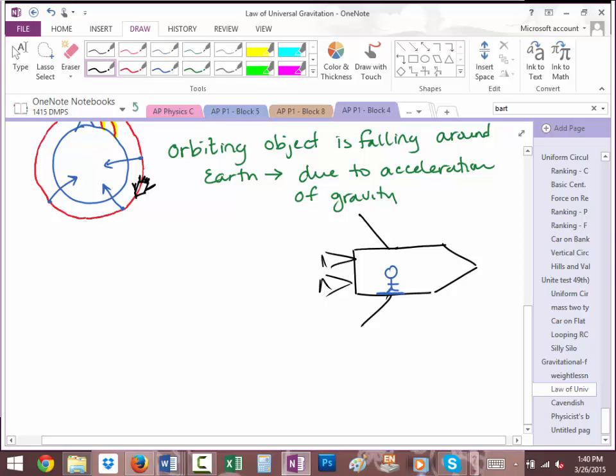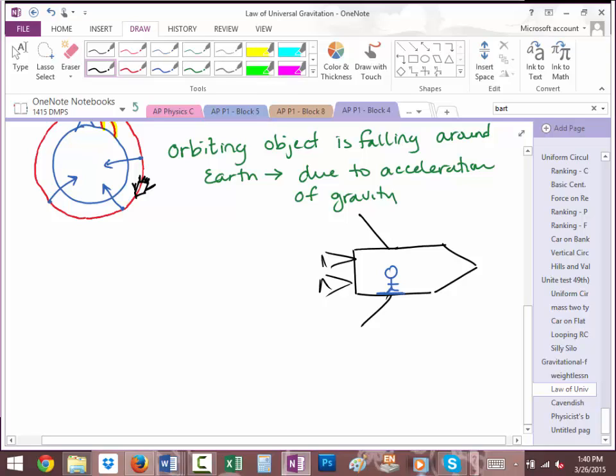Is there gravity when they're orbiting the Earth? Yes. Absolutely there is. If there were no gravity, they wouldn't be orbiting. Nothing would be pulling them in. There is certainly gravity pulling them in. That's why they do their orbit. Okay? But they appear to be what? Weightless. They appear to be weightless.